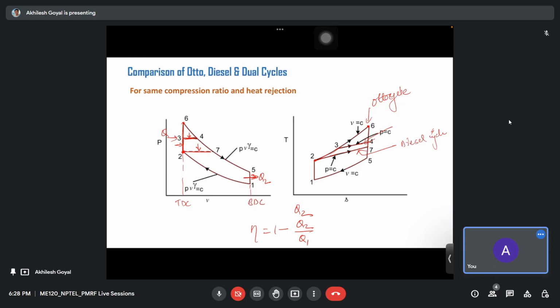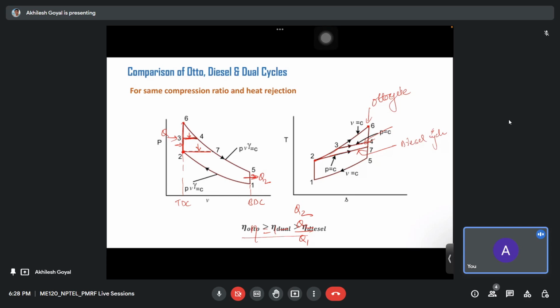And for the dual cycle the heat added lies between the Otto cycle and diesel cycle. So from this discussion we can say that for the same compression ratio and heat rejection values, the efficiency of the Otto cycle is higher compared to the efficiency of the diesel cycle, and the efficiency of the dual cycle lies between both. So here it is shown that the efficiency of the Otto cycle is higher than the efficiency of the diesel cycle for the same compression ratio and heat rejection.